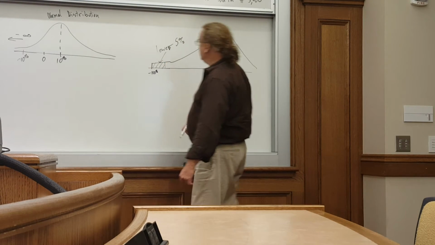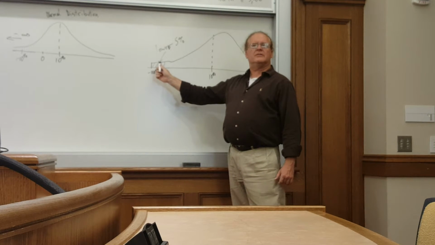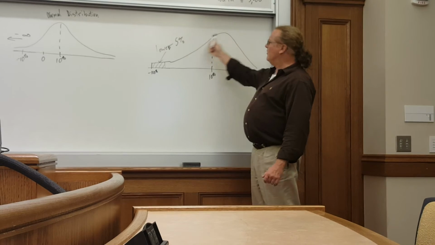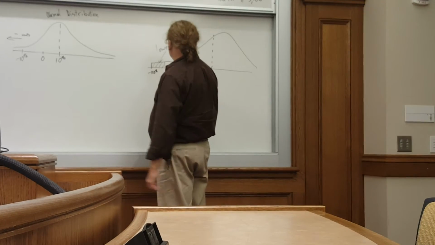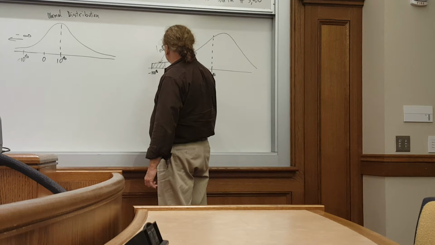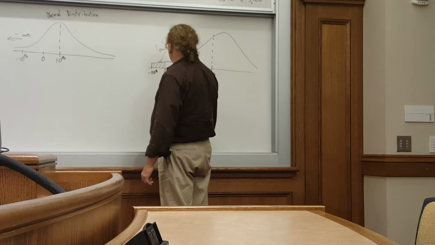The area of this shaded part is 5% of the whole area under that curve. So whatever this is right here, let's say this is negative 50%.